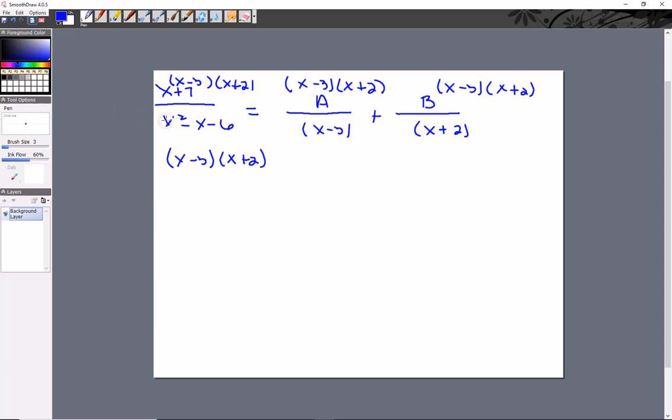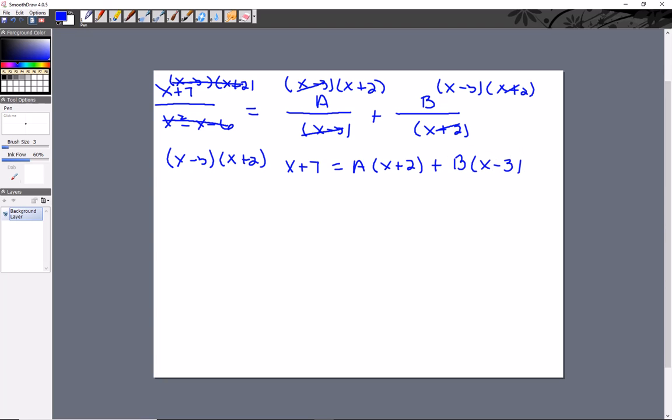Over here, this will completely cancel out, and we'll be left with x plus 7. And we'll only be able to cancel out a part of this, so we'll be left with these two pieces that will form your expression A times x plus 2. And then over here, we'll be able to cancel out an x plus 2, and that'll leave us with B times the quantity x minus 3.